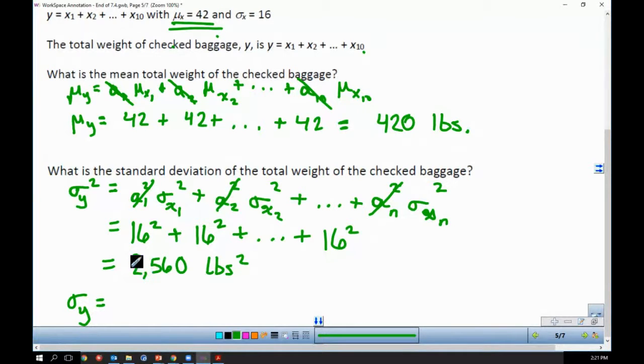So the square root of 2,560 is 50.596. And we're going to be in pounds.